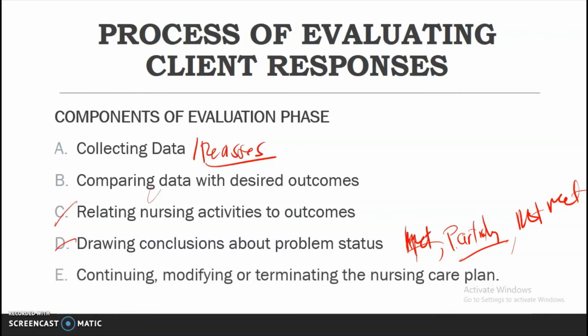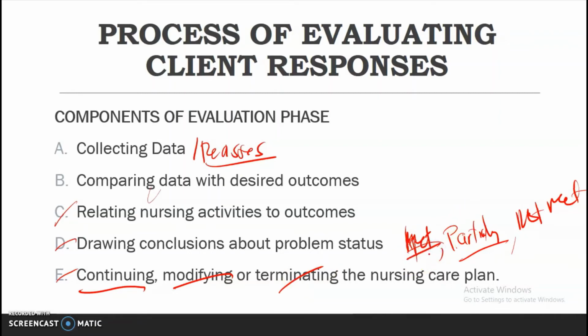planning phase. Then after that, you will decide to either continue what you have planned or, since hindi siya met or partially met lang, consider modifying your NCP, or terminate the NCP because you already met everything.